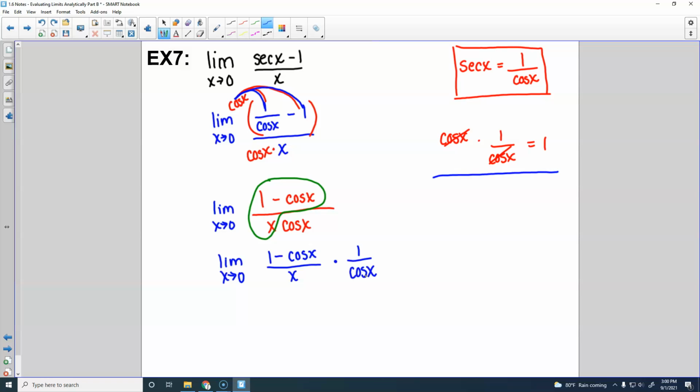And then we can take the limit of each one of these separately, which I'm going to write, but if you don't write this step, it's okay.